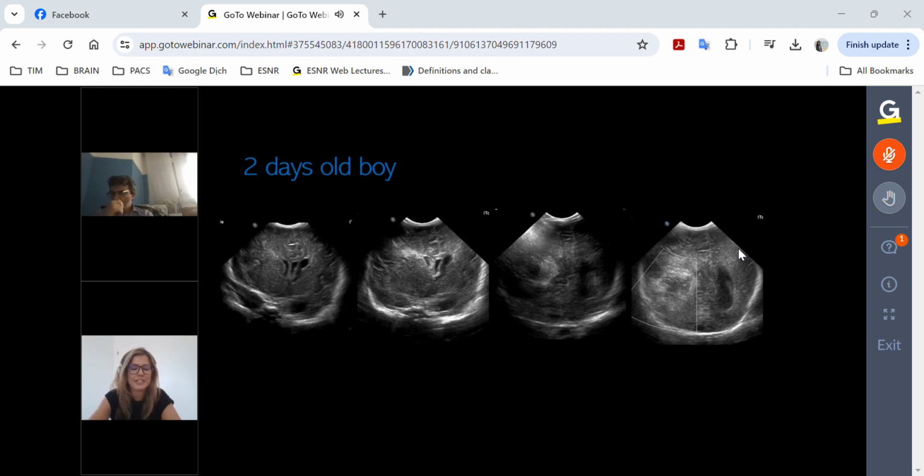So here is the ultrasound, where we can see that there is clearly a deviation to the left from the midline, with a mass effect from a lesion, which is a little bit hyperechoic. It seems to be intraaxial, and there is no flow at the Doppler ultrasound.